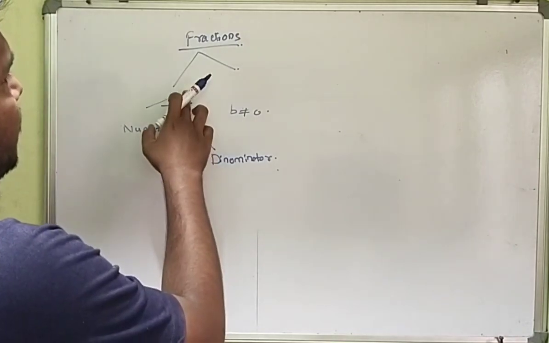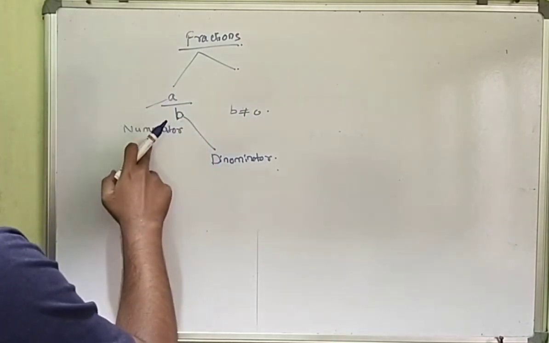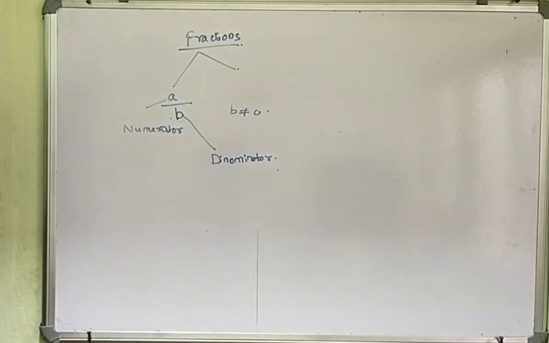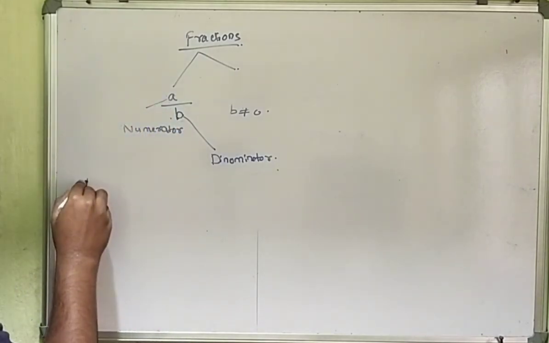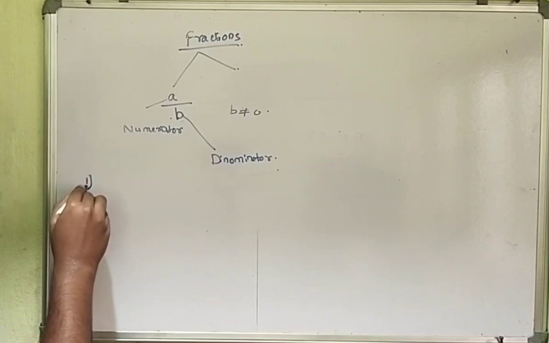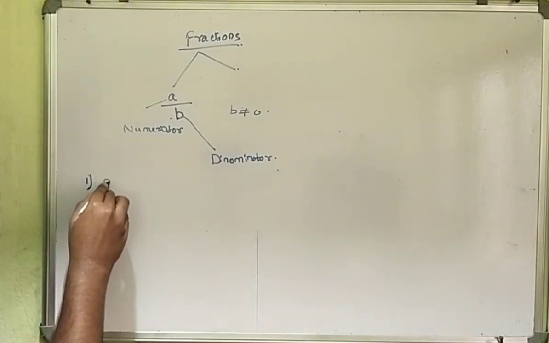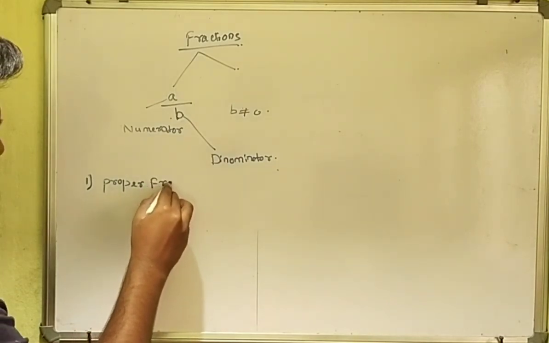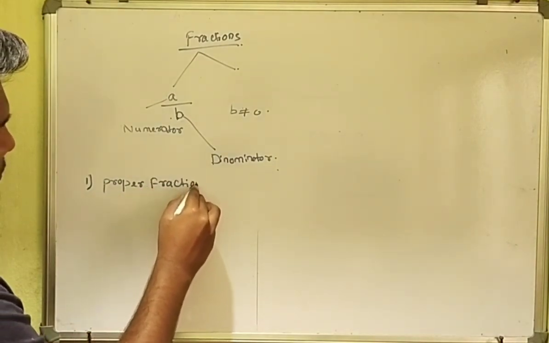The numbers expressed in the form of a by b, where a is the numerator and b is the denominator, and a and b should be natural numbers. In fractions, the first part you have studied is the proper fraction. So what is a proper fraction?